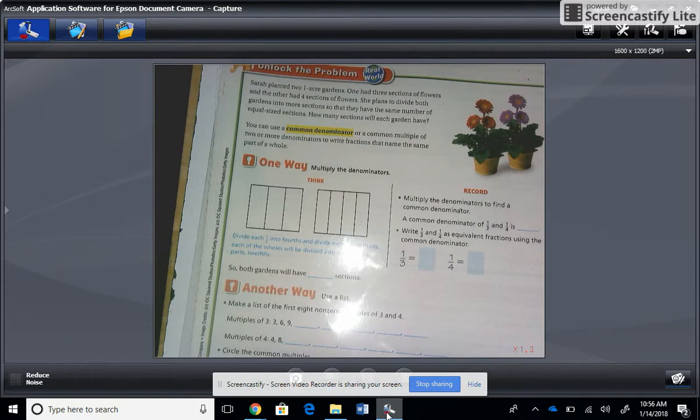So here are her two gardens. She has this one in 3 equal parts, and she has this one in 4 equal parts. But she wants them to have the same amount. So what is she going to do? She divided the thirds into fourths and the fourths into thirds. Each of the wholes will be divided into the same amount of parts, the 12ths.